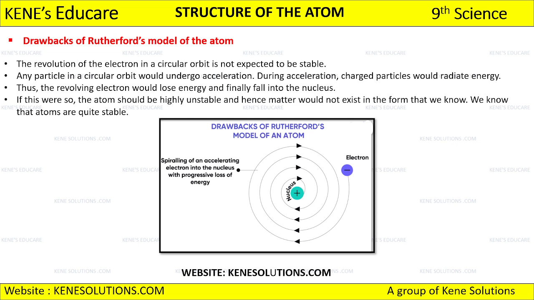I hope you are all done writing the drawbacks of Rutherford's model, and have shown this spiraling accelerating electron into the nucleus, how exactly it is happening.